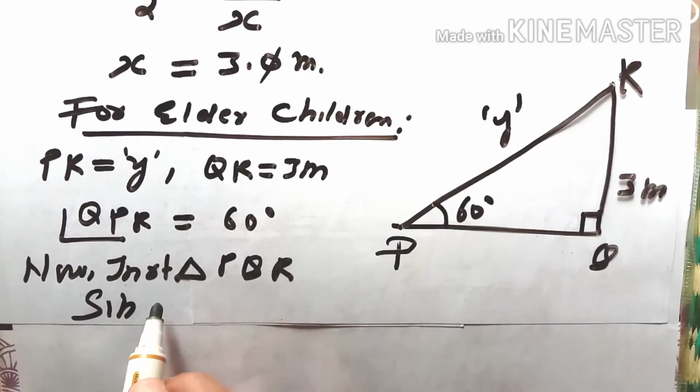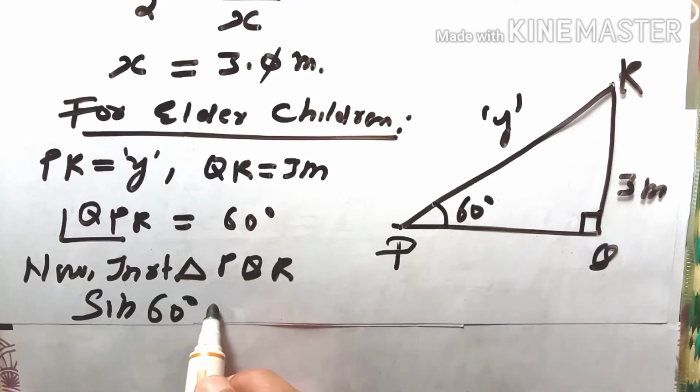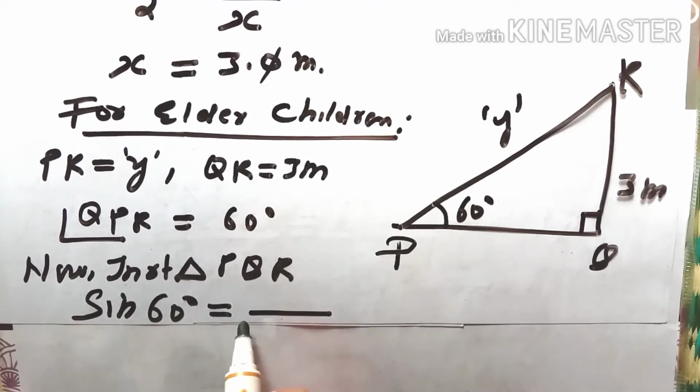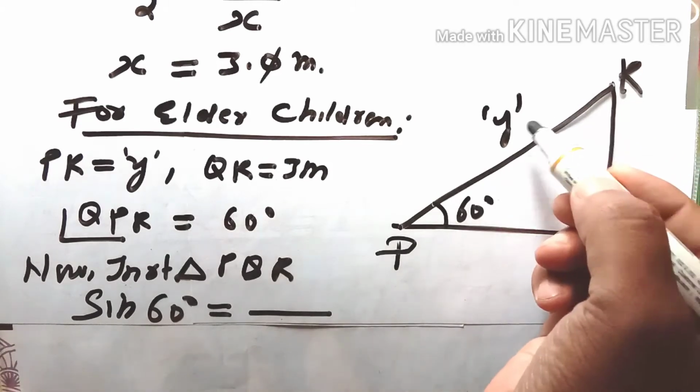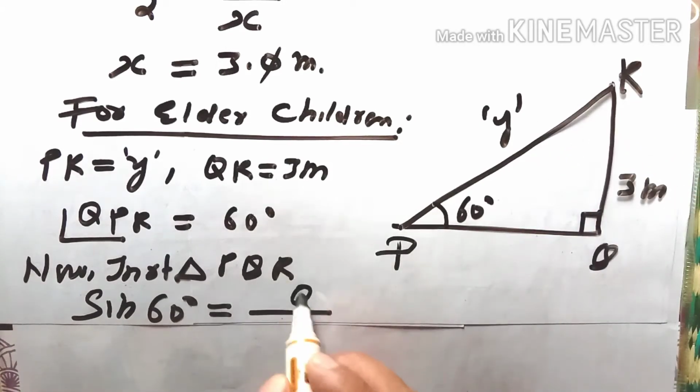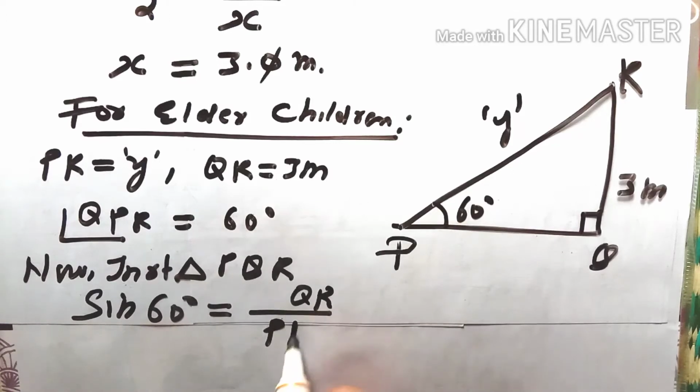So sine 60 degree equals, we know that sine theta is equal to opposite side upon hypotenuse side. So opposite side we have here QR, hypotenuse side we have here PR.